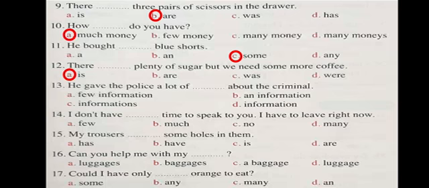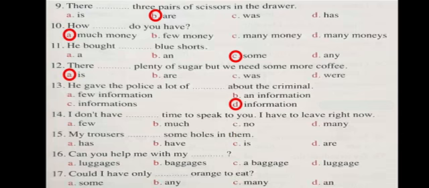He gave the police a lot of information about the criminal. Few information, an information, information. Information is an uncountable word, so you can't use a plural form like informations, and you can't put an before it. The answer is information only.